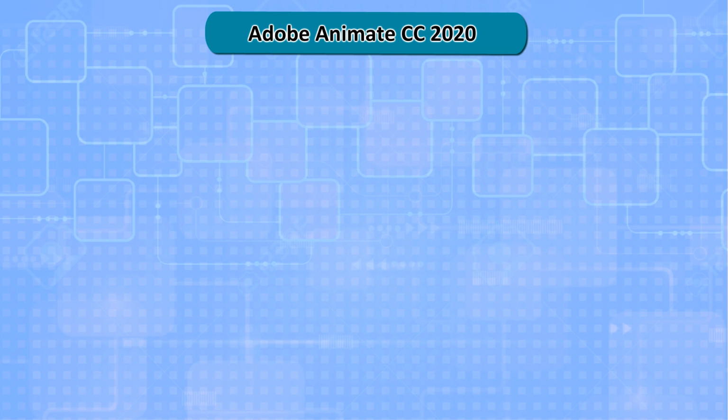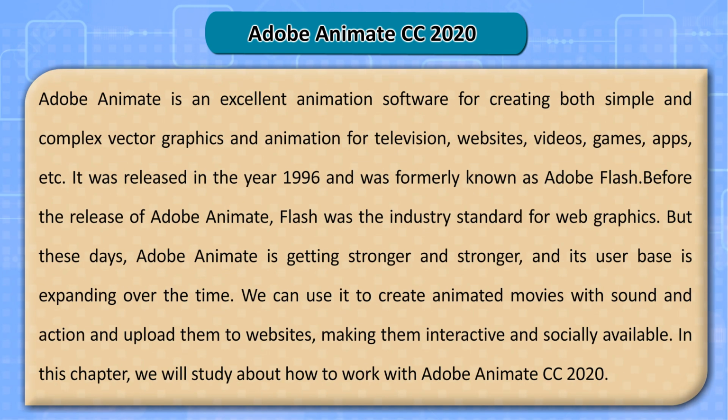Adobe Animate CC 2020. Adobe Animate is an excellent animation software for creating both simple and complex vector graphics and animation for television, websites, videos, games, apps, etc. It was released in the year 1996 and was formerly known as Adobe Flash. Before the release of Adobe Animate, Flash was the industry standard for web graphics.